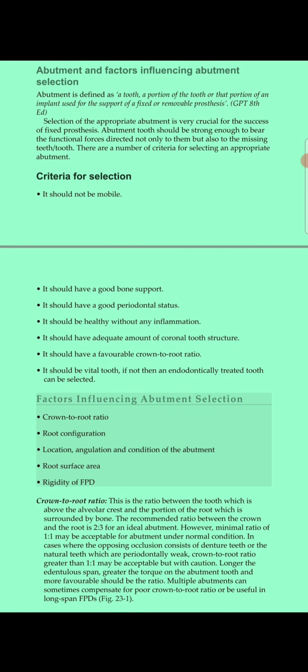If we use a tooth as an abutment and its crown to root ratio is not favorable, then with that tooth we should also use another tooth as an abutment. The first tooth is called the primary abutment, and the second tooth is known as the secondary abutment. Like if we use the first premolar but its crown to root ratio is not favorable, then with the first premolar we also include the second premolar.